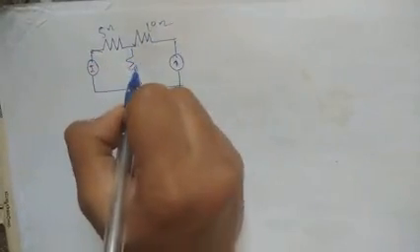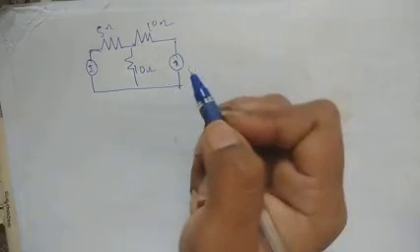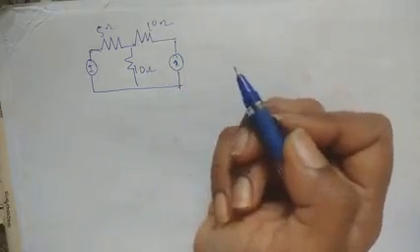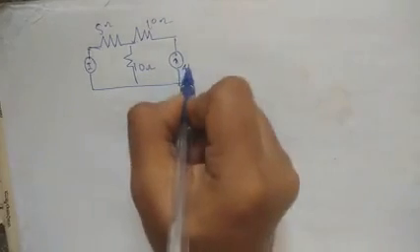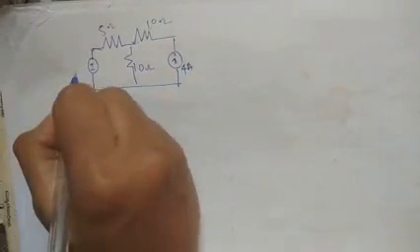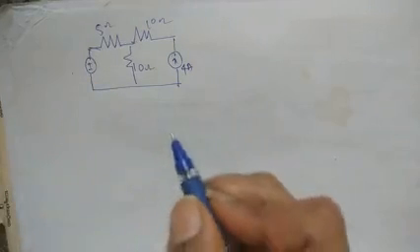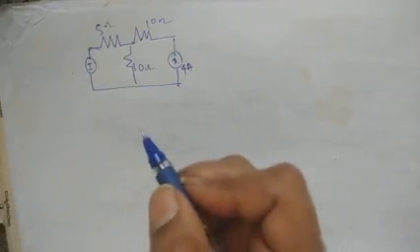Five ohm, 10 ohm and 10 ohm. To find the VTH value, we have to remove this current source. Correct, we say that, but we are not going to remove that one. That was the VTH value.